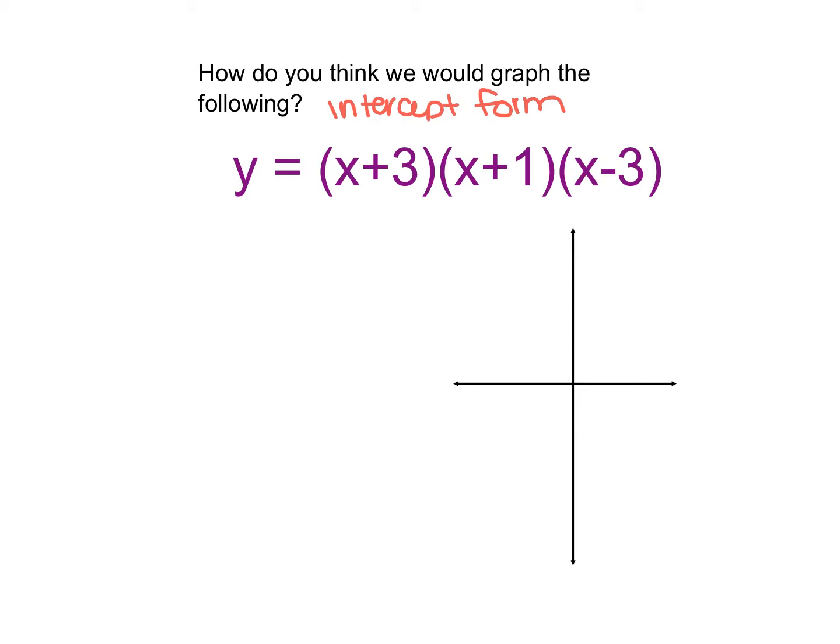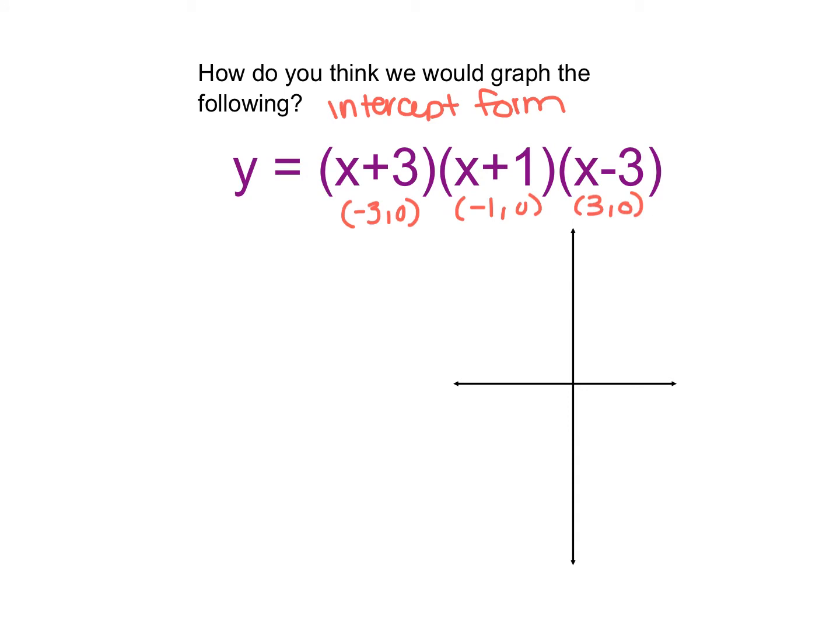What we're finding here is instead of having 2 x-intercepts this time, we actually have 3. So we actually have an x-intercept at, here in this case, -3, 0. Remember, it's opposite of P and Q. So -3, 0, -1, 0, and a +3, 0.